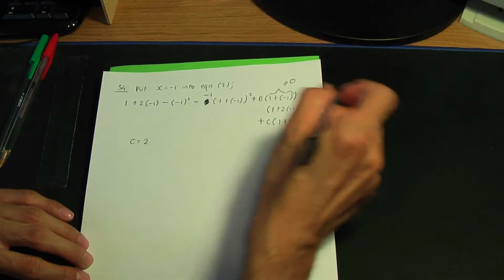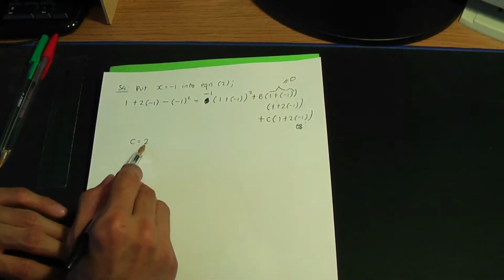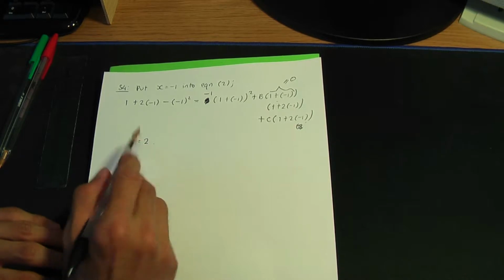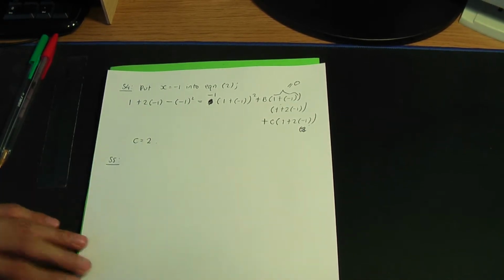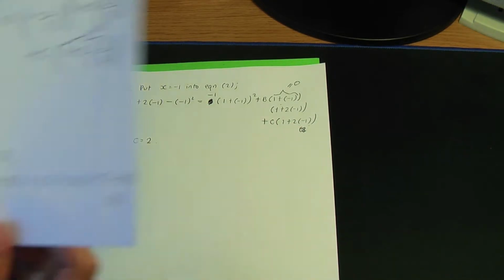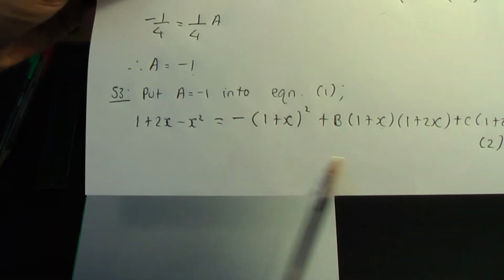So let's calculate the remaining term b. Let's call this step number 5: put c equal to 2 into the previous equation, equation number 2.